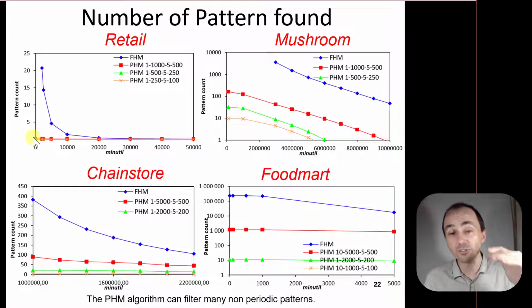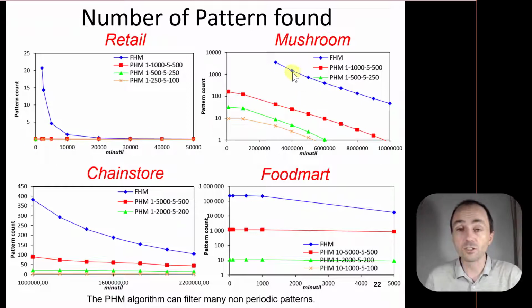You see the line is very, very low. The other data set is the same thing. Here you have the high utility item sets. There are a lot. But when you use PHM with different parameters, you will find only a few periodic patterns. So that means if you use PHM, you can really focus on finding the periodic high utility item sets. You don't need to look at all the item sets that are not periodic. And the same on the other databases.